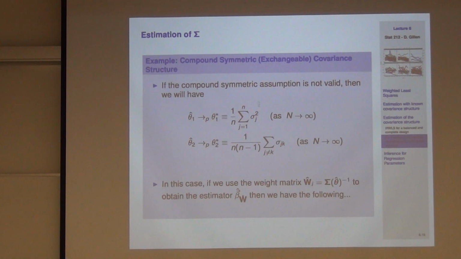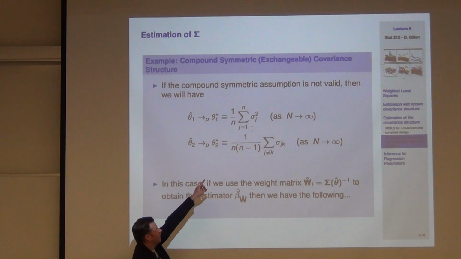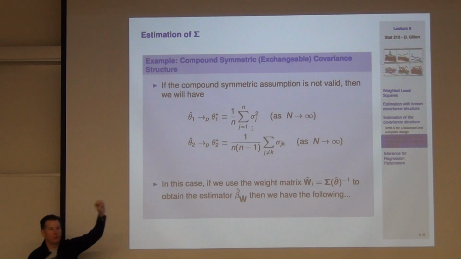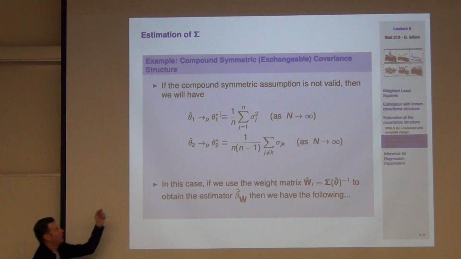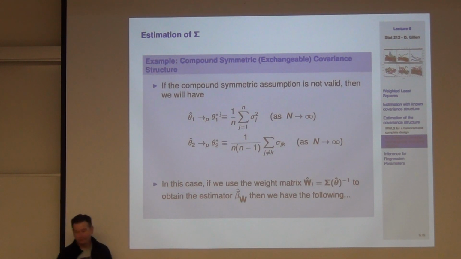Well, suppose for a second that the observations now each have variance sigma squared j. So the jth observation on the ith cluster has variance sigma squared j. In other words, I'm assuming consistency across independent clusters, but that the variance of that observation can vary inside of the cluster. Well, where is our simple moment-based estimator for theta 1 going off to in probability? It's going to go off to the average of those particular guys, right?